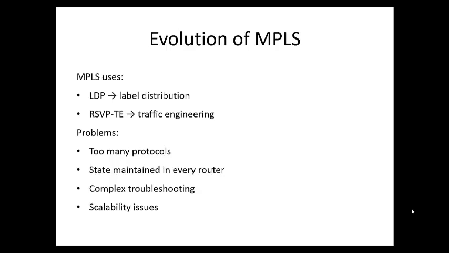That's how it is, RSVP-TE, complex troubleshooting. And we need to create many tunnels. If you have more and more customers, or more and more constraint-based, policy-based flows, not every flow has the same policy.